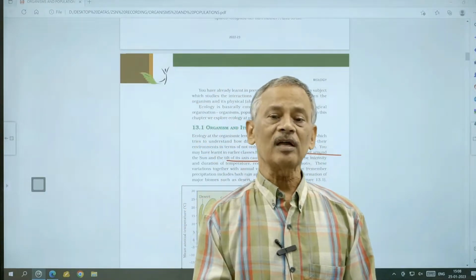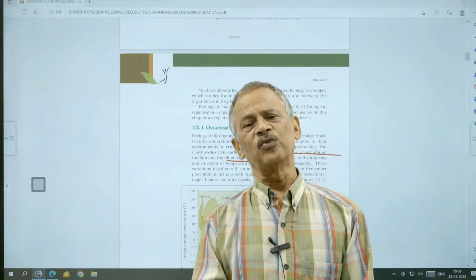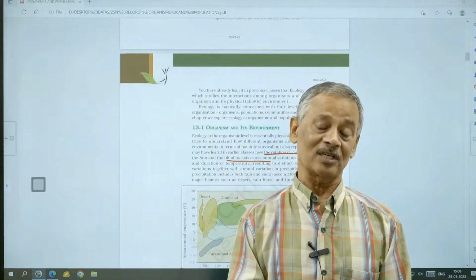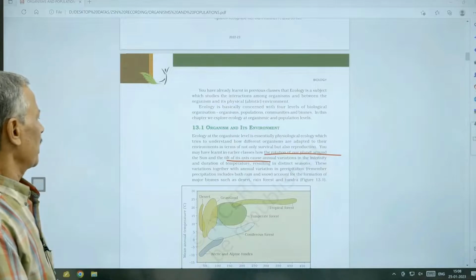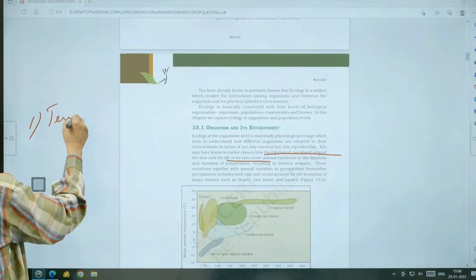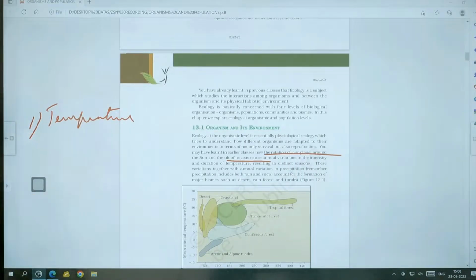And what are the most important factors that influence the changes in temperature and changes in environment or climate? One is temperature. Temperature is number one factor.